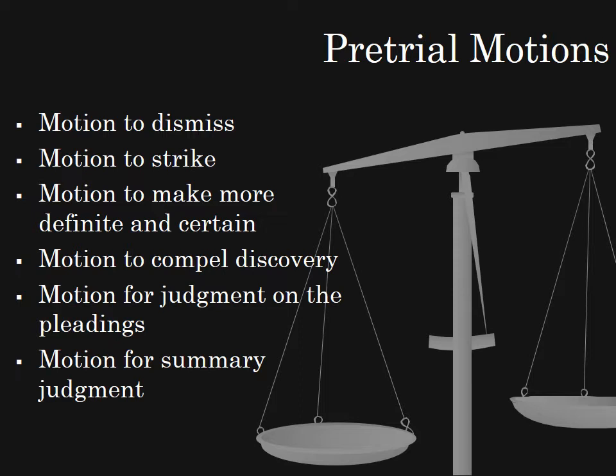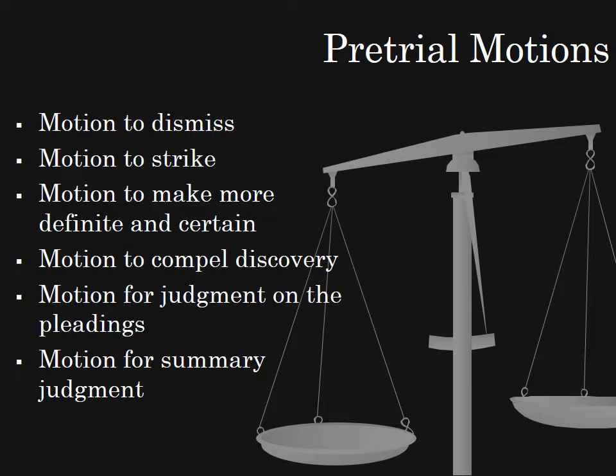We've talked a little bit about motion on the pleadings after the complaint and the answer have been filed, submitting a motion asking the judge to make a decision just based on the pleadings, because there's no question of fact. It's just about applying the law.